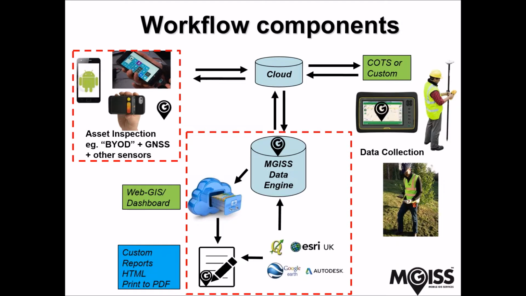And increasingly we're finding that we're being asked to incorporate some elements of web GIS or dashboard capability into a solution. So we can engage and provide any or all of these components as part of a complete solution or as a plug-in to an existing GIS environment or data workflow that you currently use.